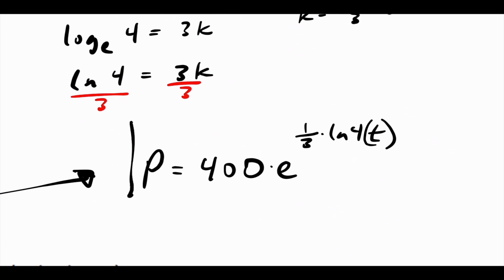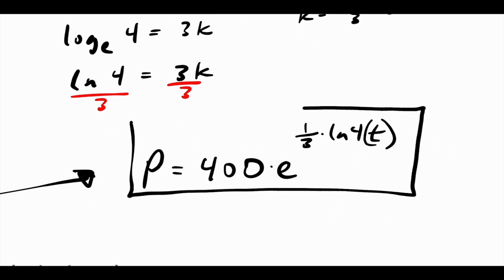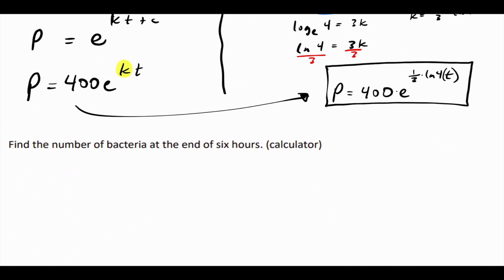That's my equation right there. Okay, that's my equation. So now the only two variables I have are P and T. So if I plug in something for T, I get P. That's what I want. There's nothing else left in there.